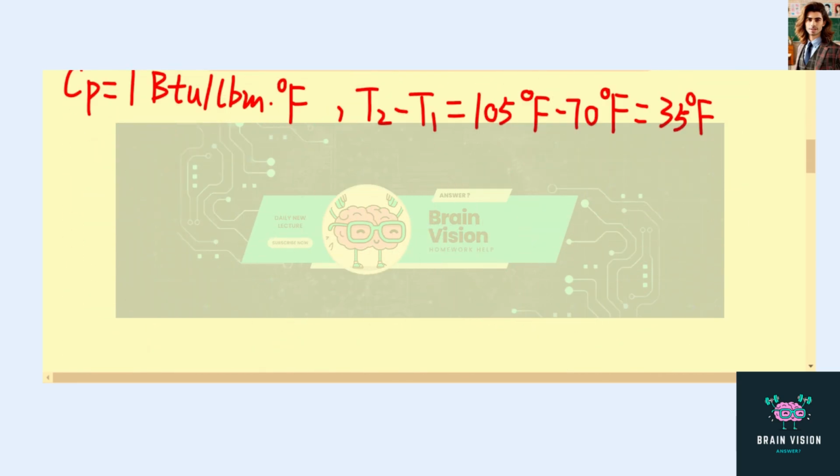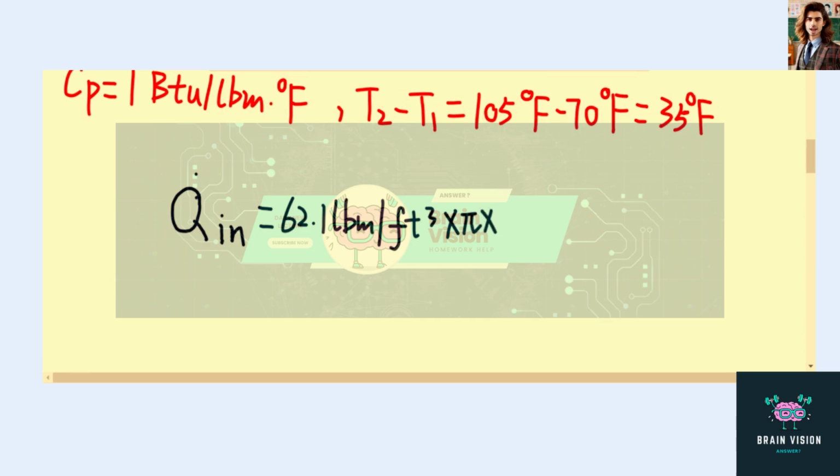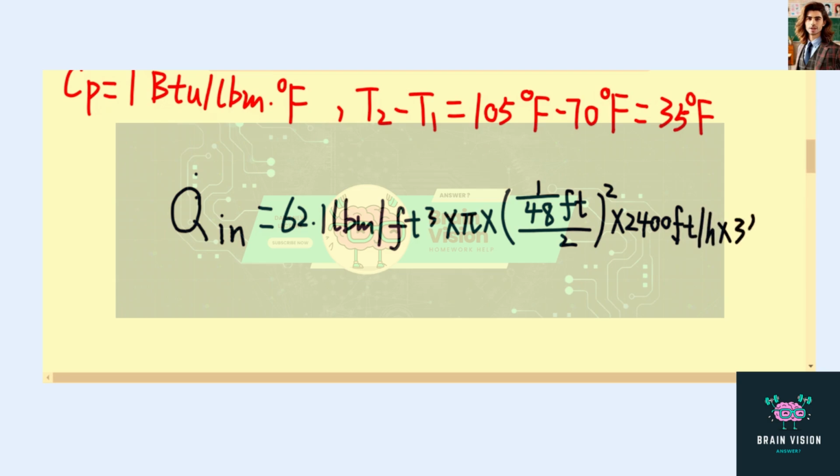So now let's plug back into the equation to determine the rate of heat transfer into the water, which is equal to 62.1 pound mass per feet to the power 3, and then times pi, and then times (1 over 48 feet over 2) to the power 2, and then multiplied by 2,400 feet per hour, and then times the change in temperature, which is 35 degrees Fahrenheit.